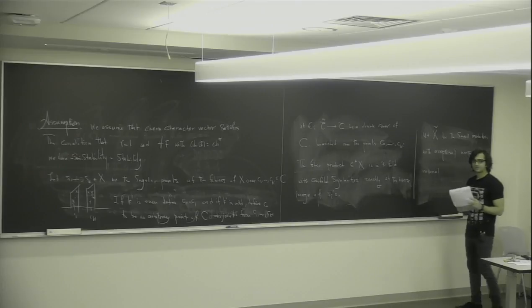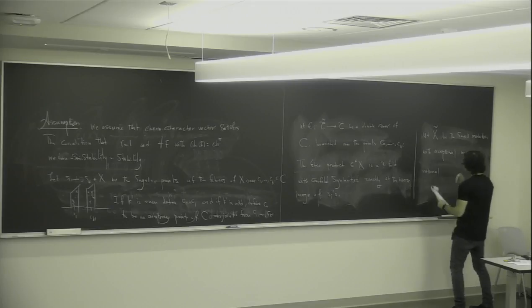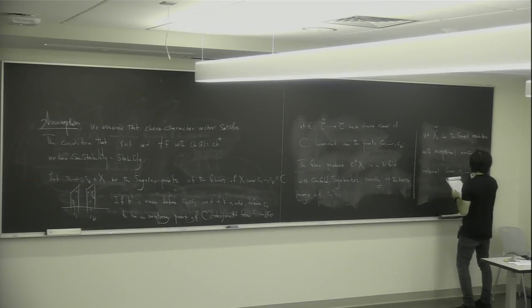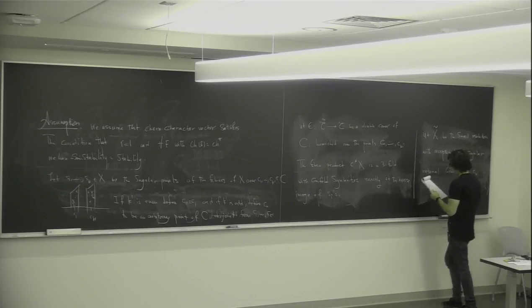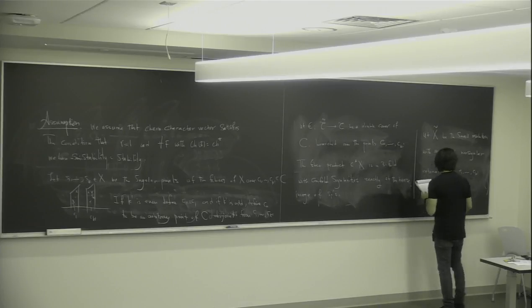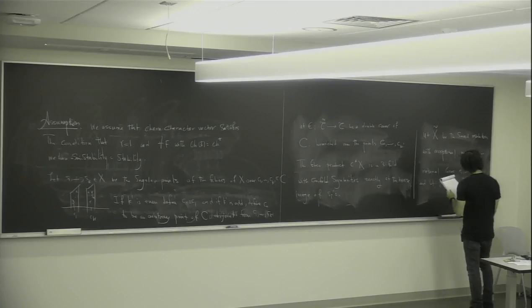If it is a small resolution, it has an exceptional locus. So non-singular rational curves, I will call them again E1 to EK prime, and let pi tilde from X tilde to this curve C tilde be the induced morphism.